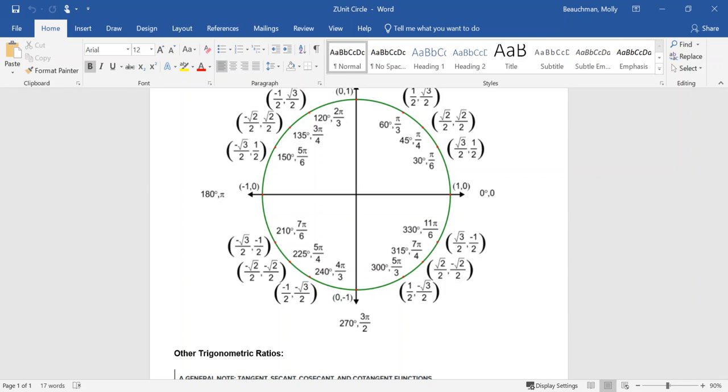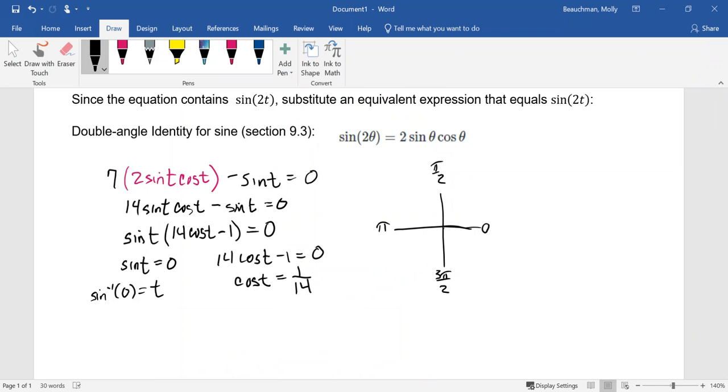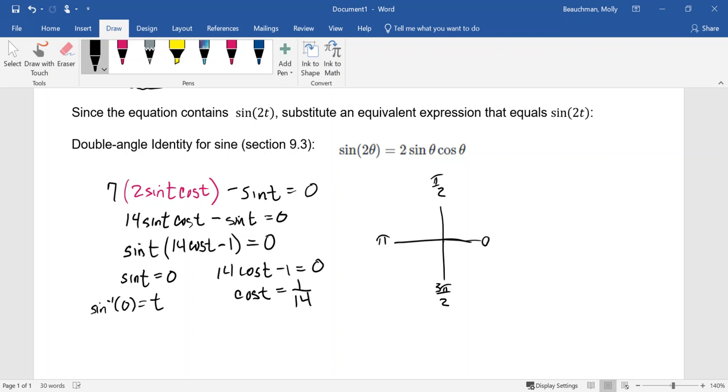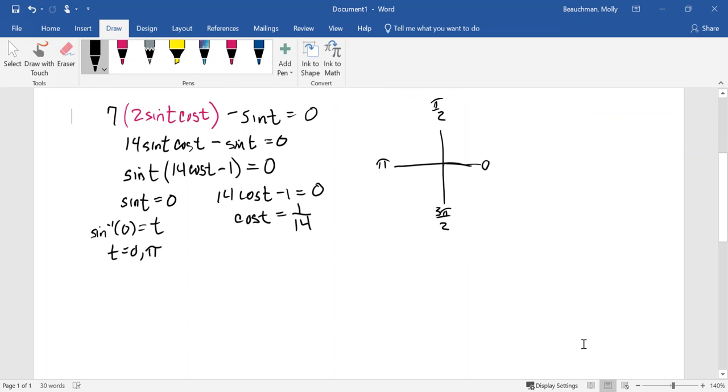So the two answers associated with the sine equal to 0 are our angle t is equal to 0 and pi.